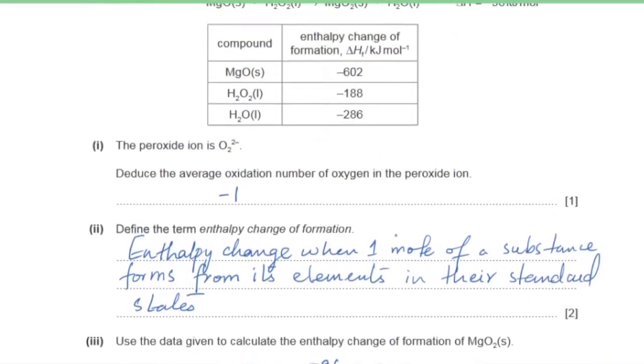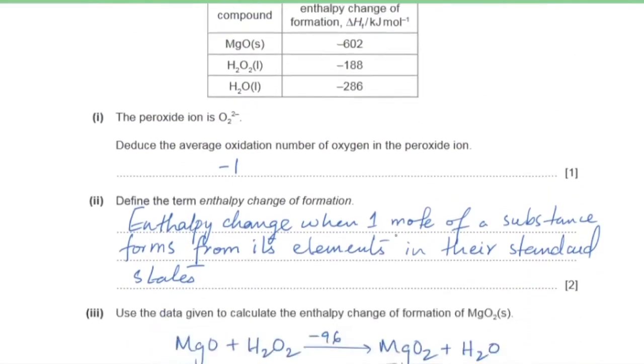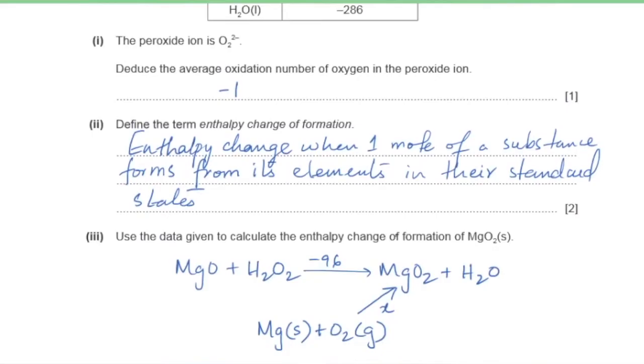Alongside, we are also given the enthalpy change of formation for MgO, H2O2, and H2O. So for the enthalpy change of MgO, we needed Mg plus O2. For H2O2, we needed H2 in its standard state plus oxygen in its standard state to form H2O2. And for H2O, we need hydrogen and oxygen in their standard states.